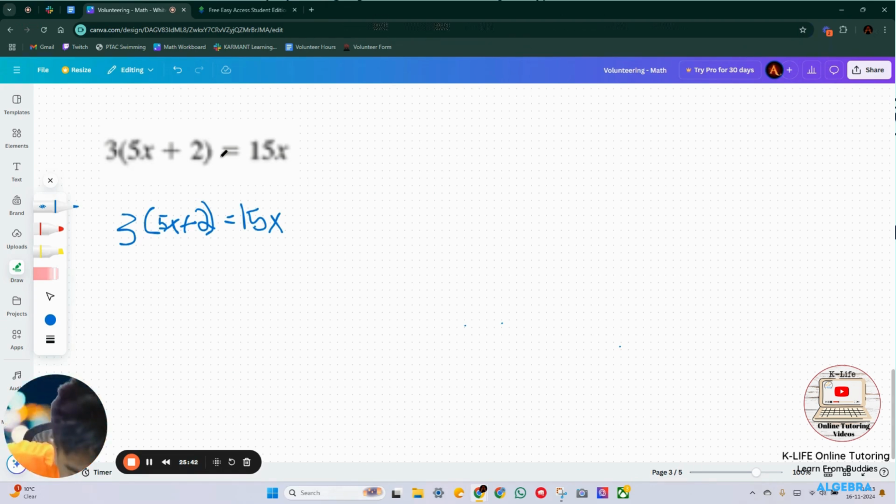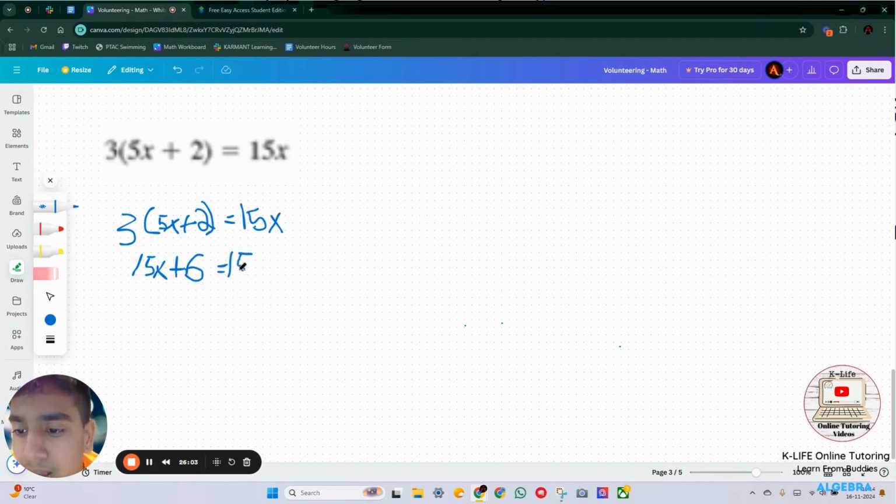Oh, my chair's about to fall. But let me just fix that. Okay. So 3 times 5x is 15x. And 3 times positive 2 is 6, equal to 15x.